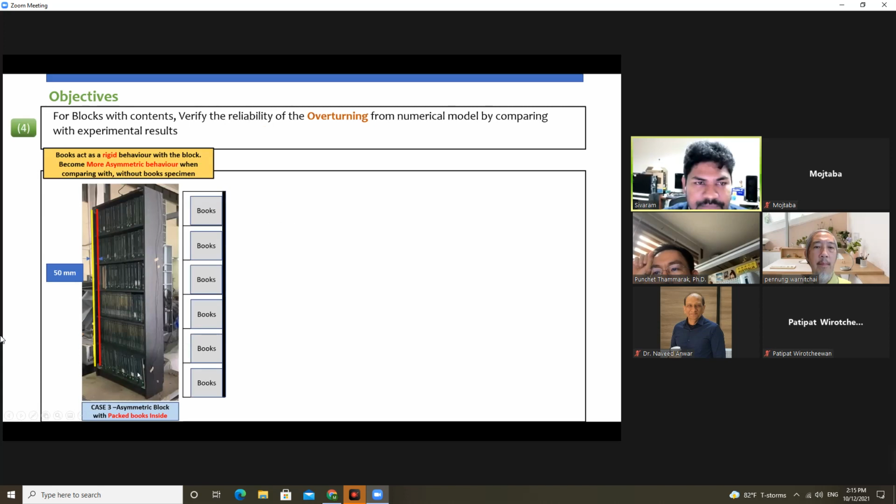So here in the third case, this is an asymmetric block with packed books inside. This is the packed side of the bookshelf. If you pack the books properly like this, these books also act like a rigid body, and it becomes more asymmetric in behavior compared to the specimen without books.